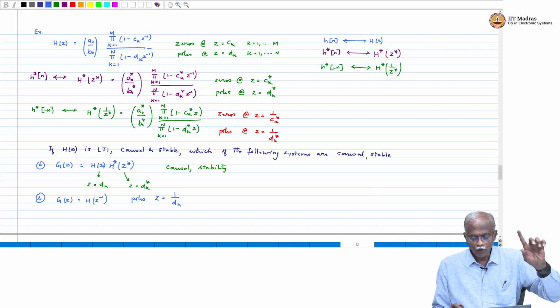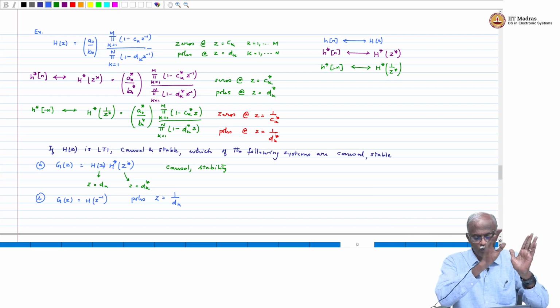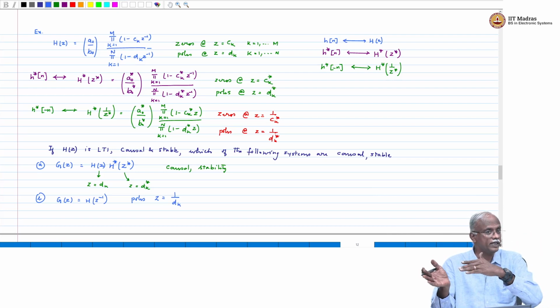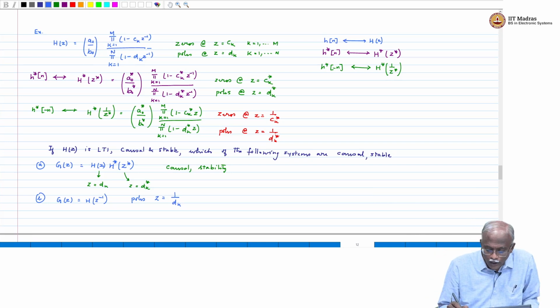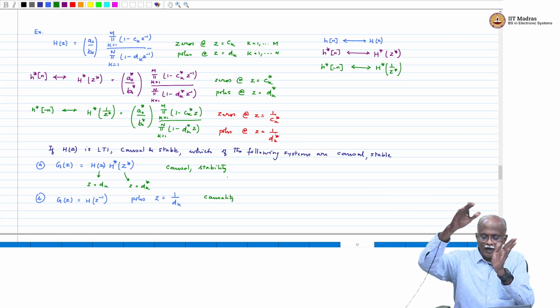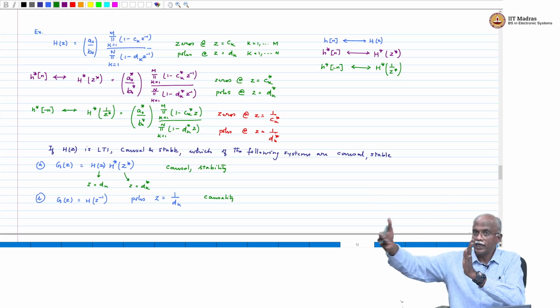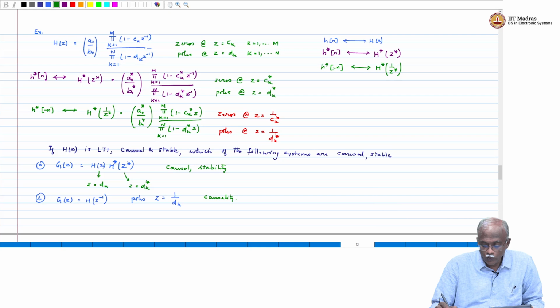If the original transfer function h of z had poles inside the unit circle, now h of z inverse is going to have poles outside the unit circle. So what will happen in this particular case, if you insist on causality? You will have to take the ROC outside of the largest radius, which means that it will not include the unit circle and therefore it will be unstable.